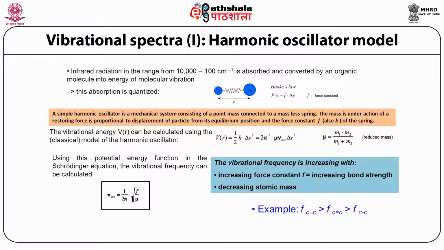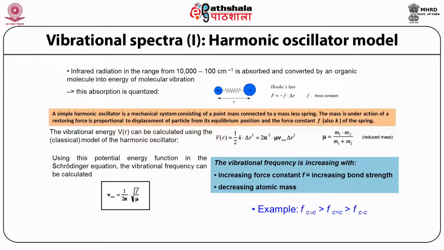We discuss vibrational spectra and the harmonic oscillator model. You can see that infrared radiation in the range of 10 to 1000 per centimeter is absorbed and converted by an organic molecule into energy of molecular vibration. This absorption is quantized by Hooke's law, F equals minus f into delta r, where small f is the force constant.